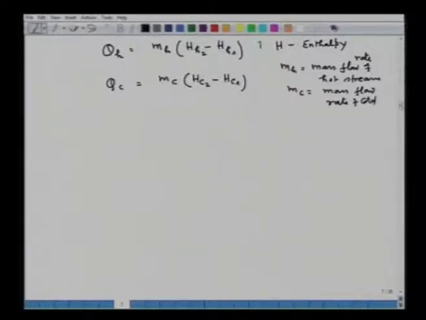Let us say this is equation number 1 and this is equation number 2.